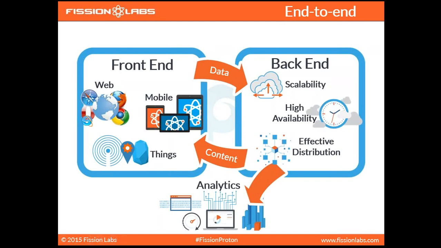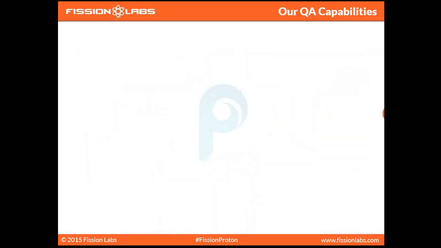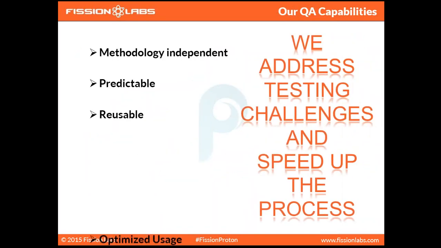When it comes to our QA capabilities, we address testing challenges and speed up the total process. That's the main aim and focus for us. And how we do it is by making the total QA process and the QA tools methodology independent. Today's trend in the market is ever changing.